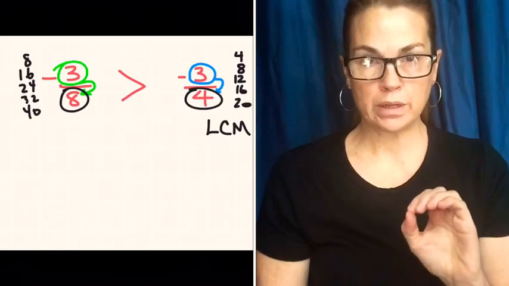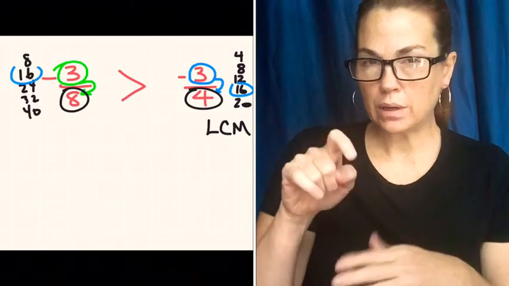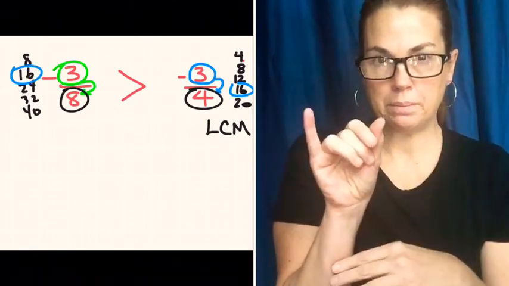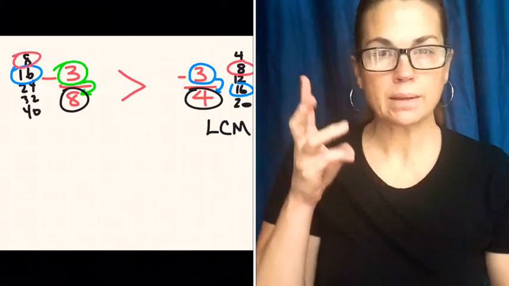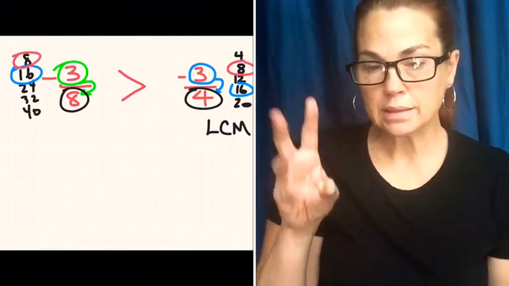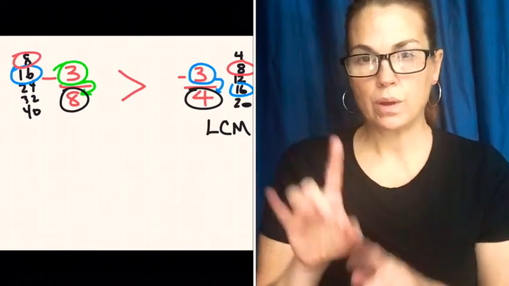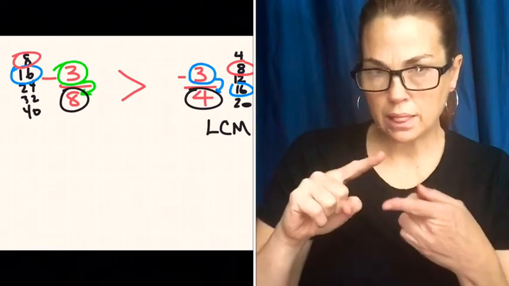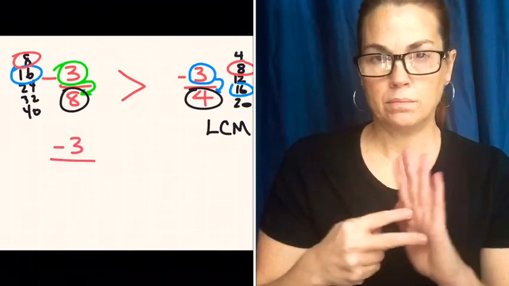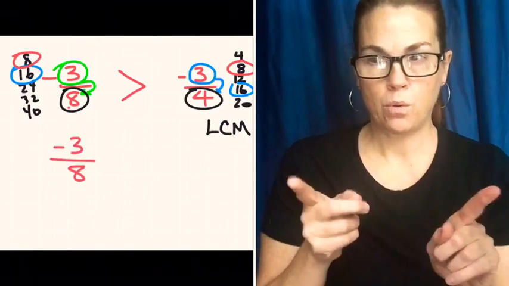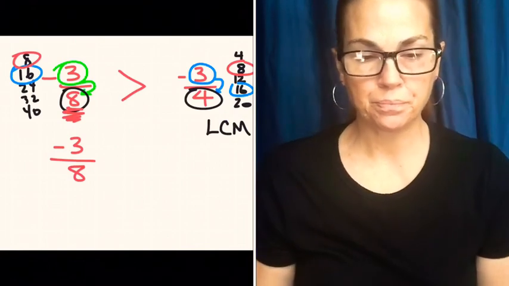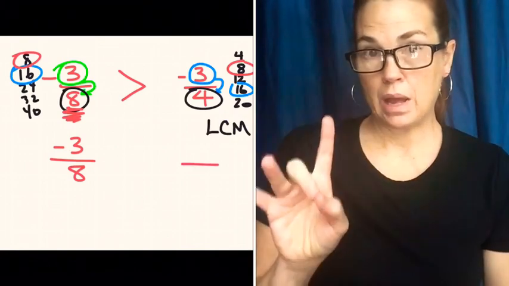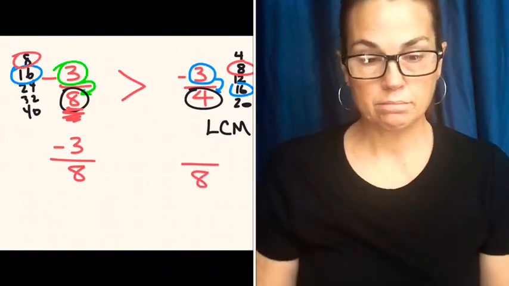I see 16, and I also see 8. I want the least common multiple, so I want the lowest number on both lists, which in this case is 8.